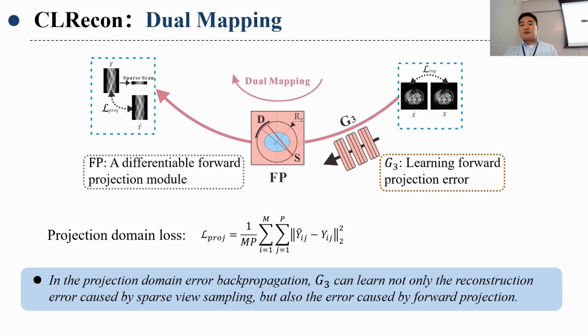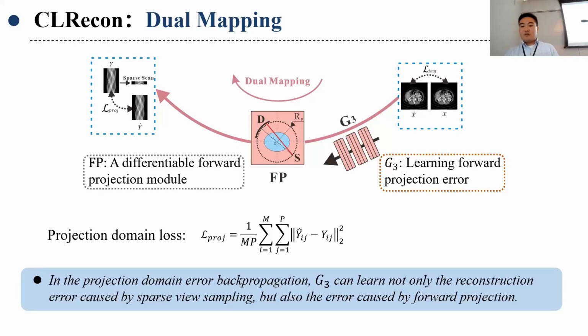Consequently, even if the reconstructed image is accurate enough, the estimated projection obtained by forward projecting the reconstructed image is still not consistent with the original measurement. The existence of dual mapping may degrade the quality of the reconstructed image.